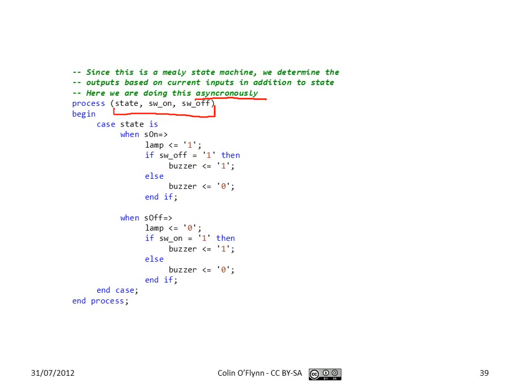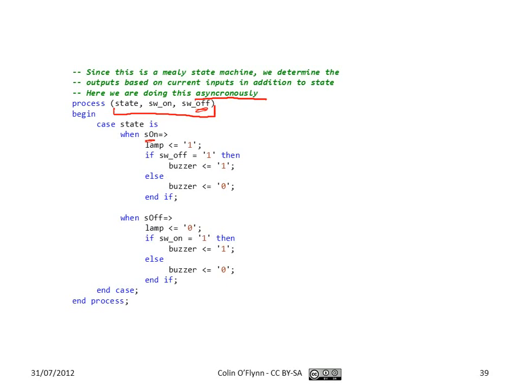For example, if we're already in the on state and just the off push button changes, then we run this. When S on, the lamp output goes to 1, so we're turning the light on because we're in the on state. That part doesn't depend on the inputs.